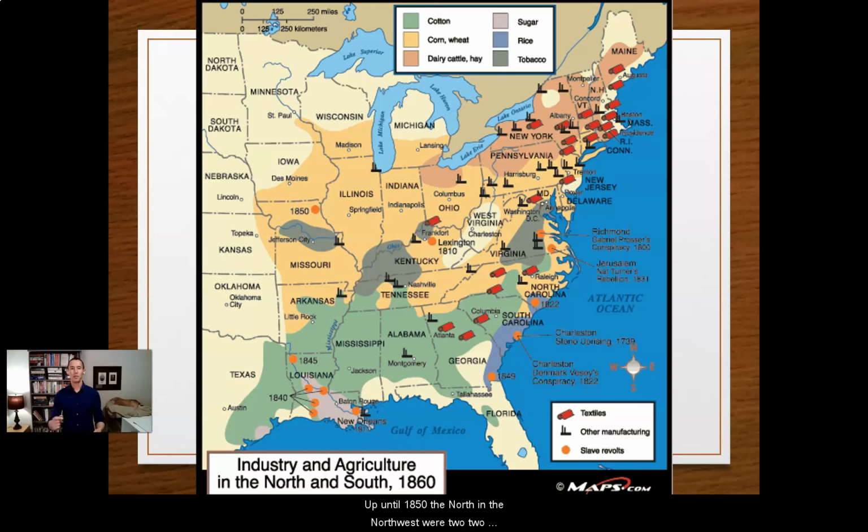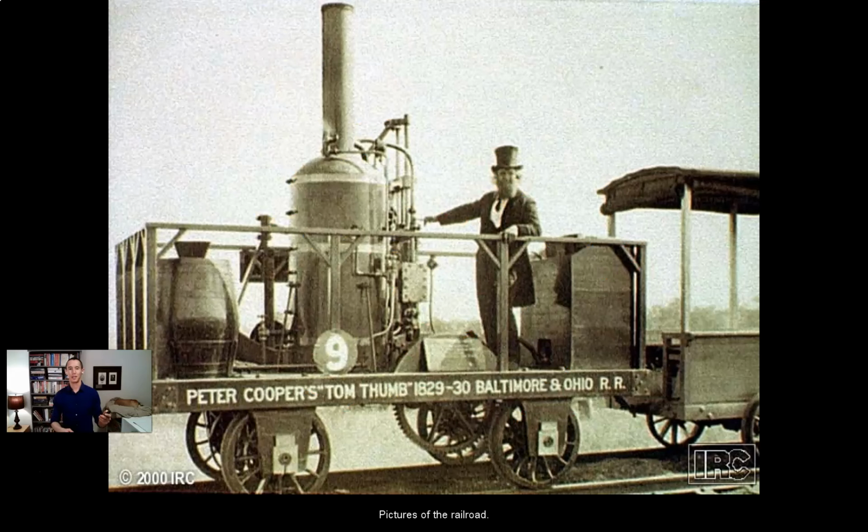Now, up until 1850, the Northeast and the Northwest were two distinctly different regions. In fact, the Northwest had more in common with the South because they traded more because of the Mississippi River. But between 1850 and 1860, that will all change, and that's because of the railroad.